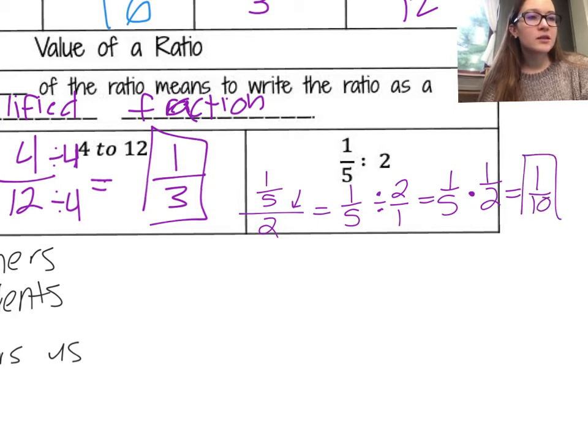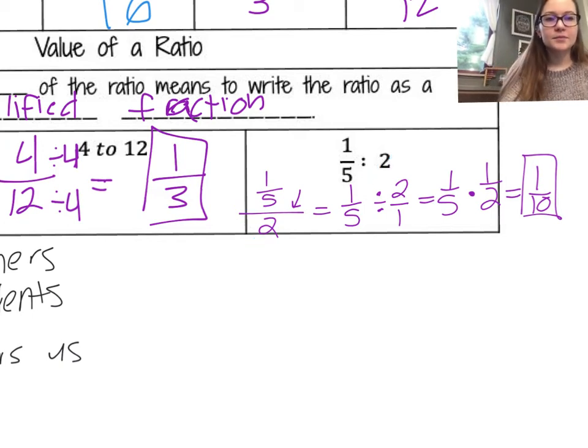It becomes 1/10. Okay? So the first number goes on top, the second number goes on bottom. 1/5 over 2 is the same as 1/5 divided by 2. I put it into a fraction by putting it over 1. Then to divide fractions, we keep the first one, switch to multiplication, flip the second fraction. 1 times 1 is 1, and 5 times 2 is 10.